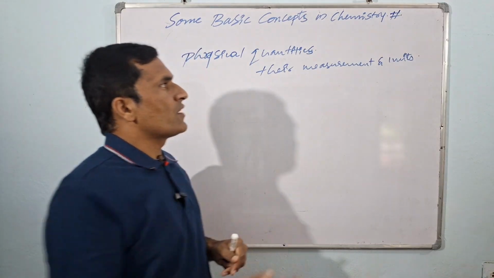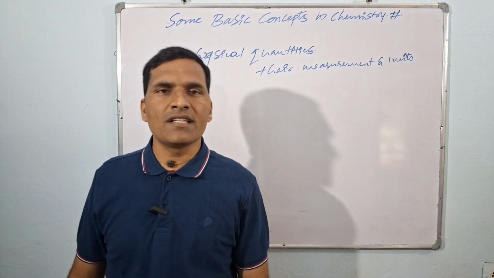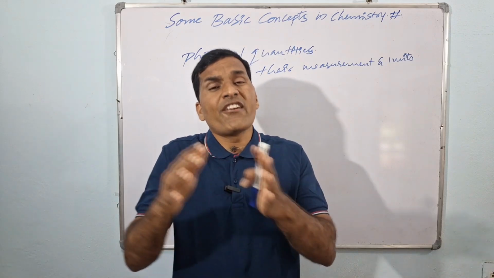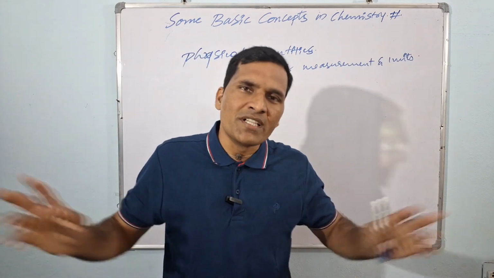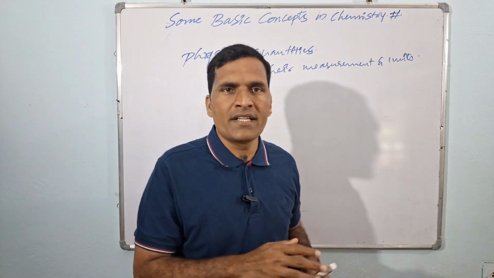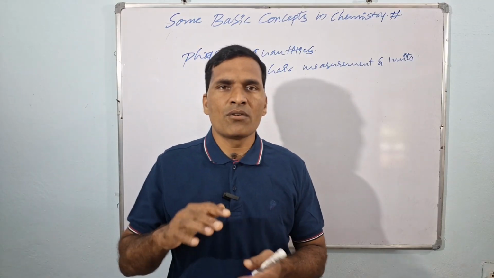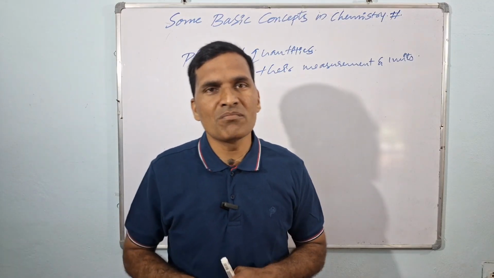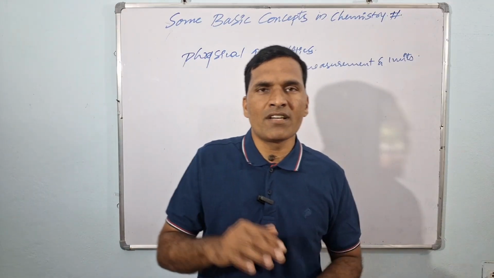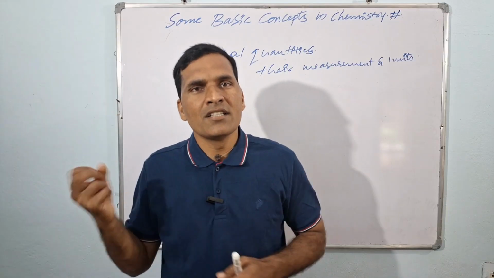Fine. So for that we need units. And one of the interesting things we see is that throughout the world, for different measurements they have their own units. Volume you take in food grains. If you go to rural India, the food grains they won't measure in terms of mass or weight. They are going to measure that in terms of volume. And in rural areas, if you go for purchasing milk, they have their own units or measuring jars.